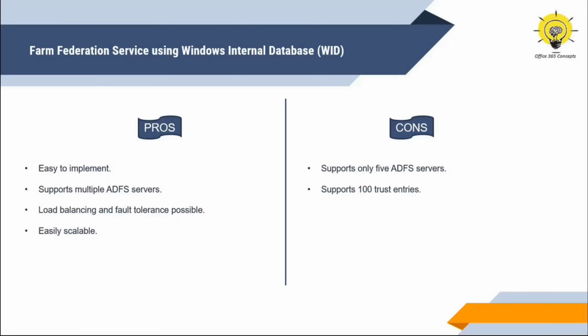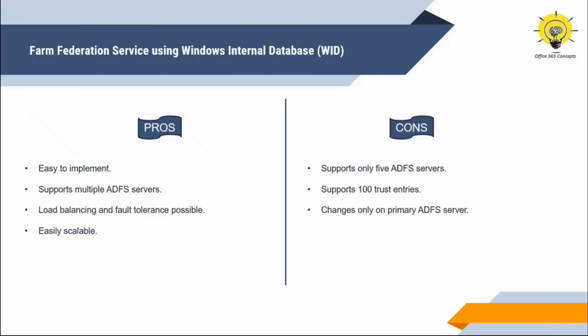If we create more than 100 relying party trusts, it will not accept it. In Farm Federation service using WID, any changes need to be done on the primary ADFS server. We cannot make any changes on the secondary ADFS server because these servers hold a read-only copy of the database.